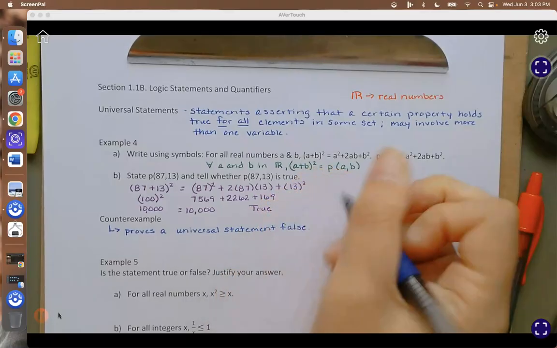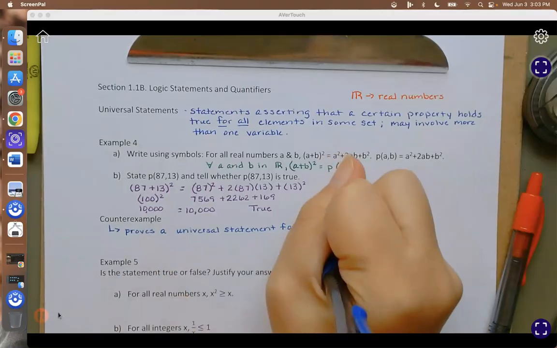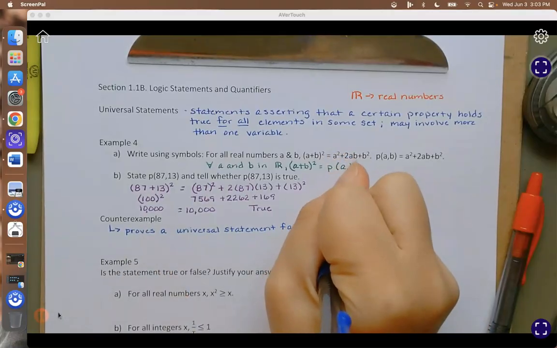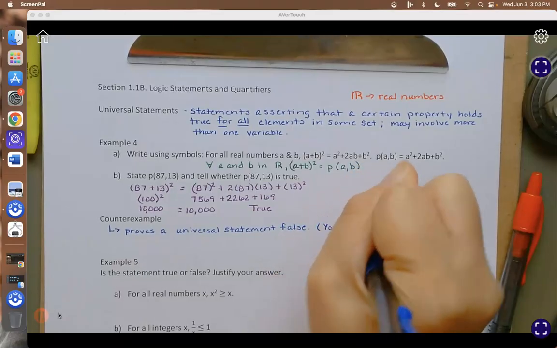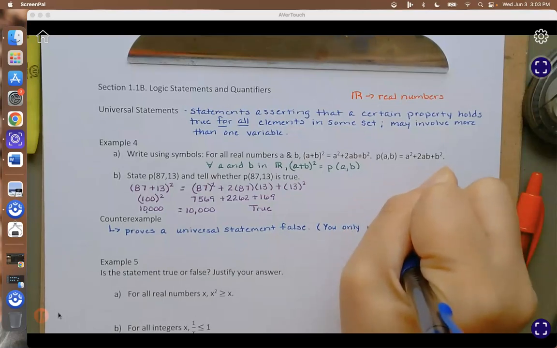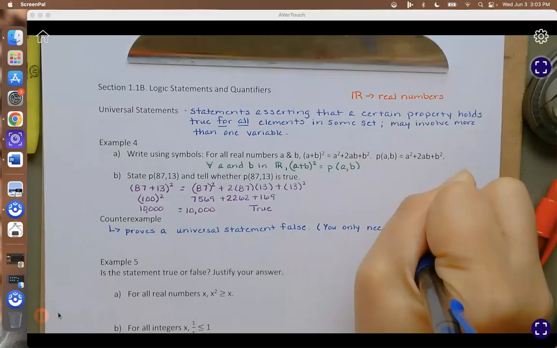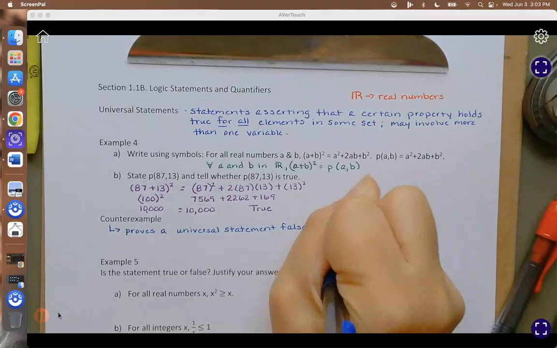Okay, and you don't have to come up with a lot of them. Notice it says counterexample, not counterexamples. Okay, so you only need one thing that does not work.